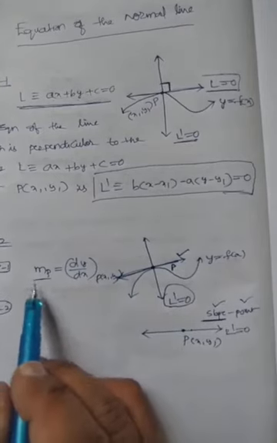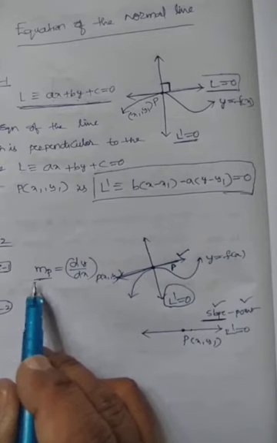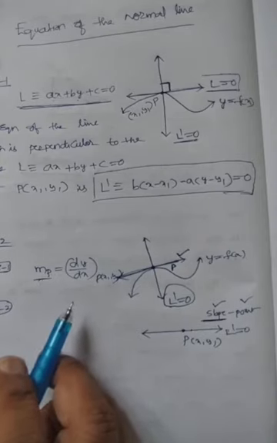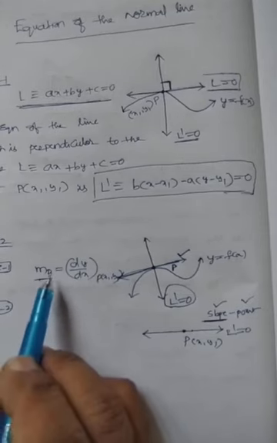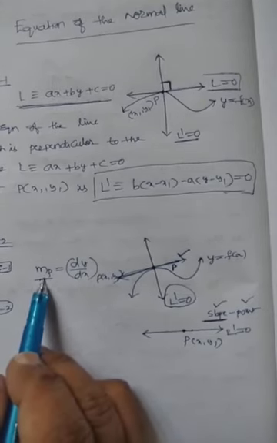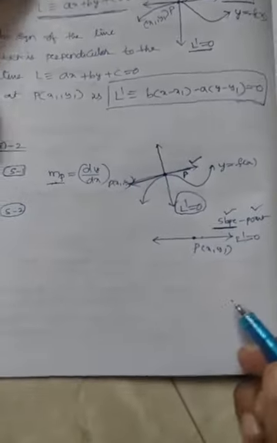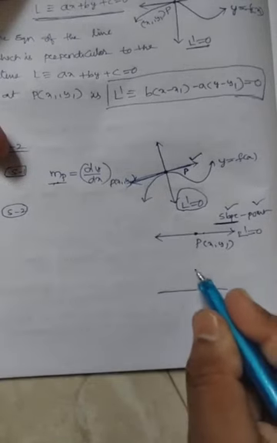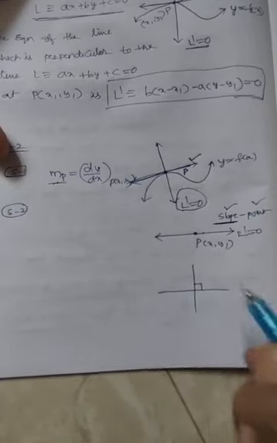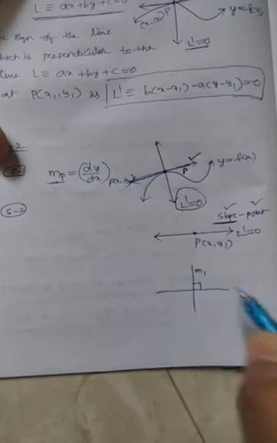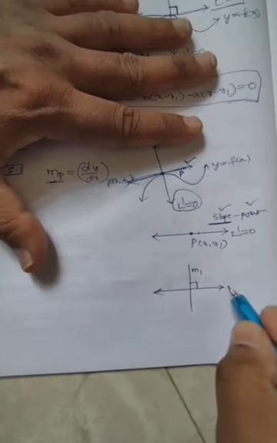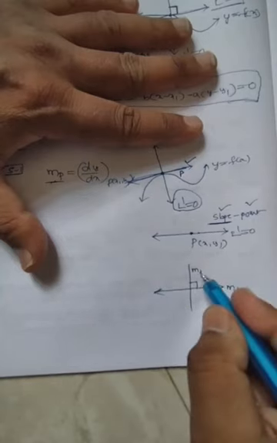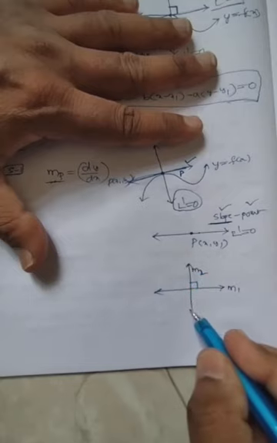So we find the slope of the tangent line, and then we need to find the slope of the normal line. Whenever m at P is the slope of the tangent line, these two are perpendicular lines. m1 is the slope of this line, and m2 is the slope of this perpendicular line.